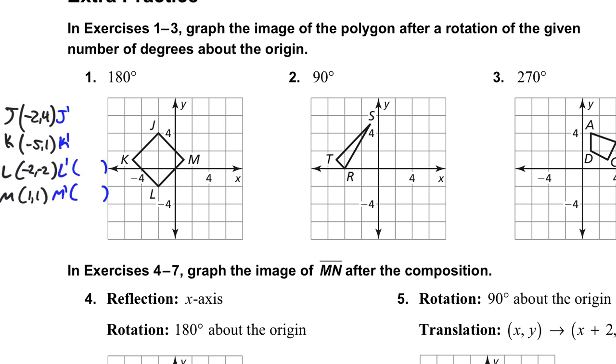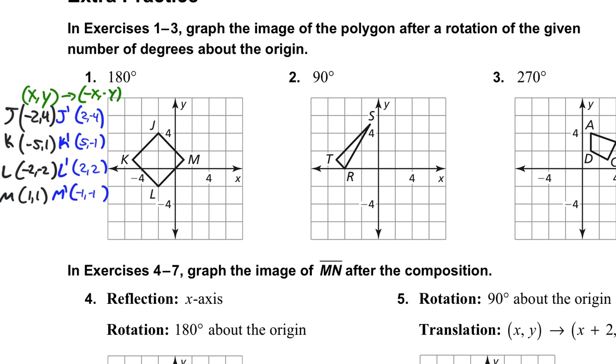We're going to apply our 180-degree rotation. That rule says if we have X and Y, it turns into negative X, negative Y. So that would give me, for J prime, positive 2, negative 4. For K prime, positive 5, negative 1. For L prime, 2, 2. And for M prime, negative 1, negative 1.